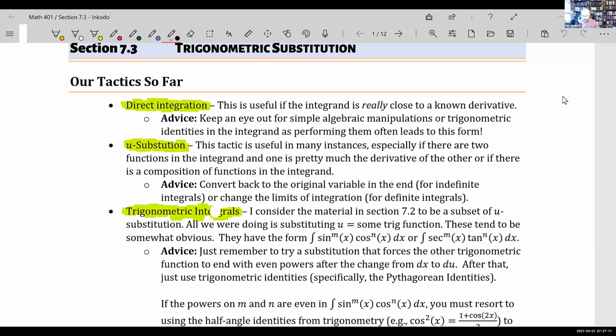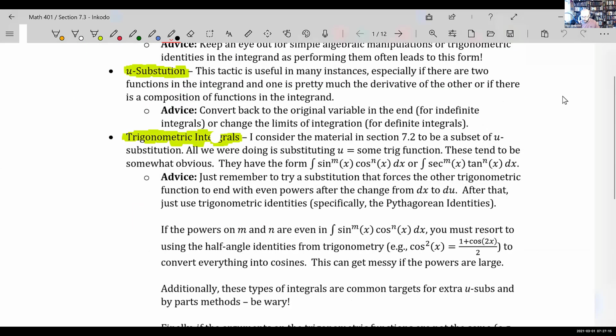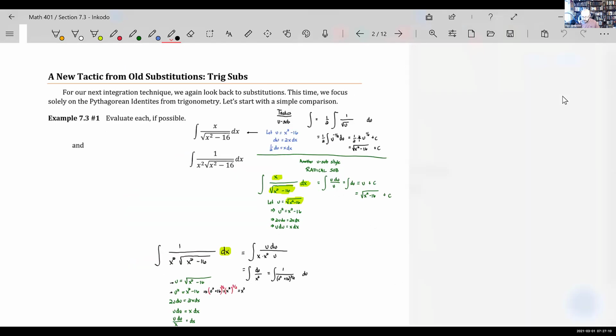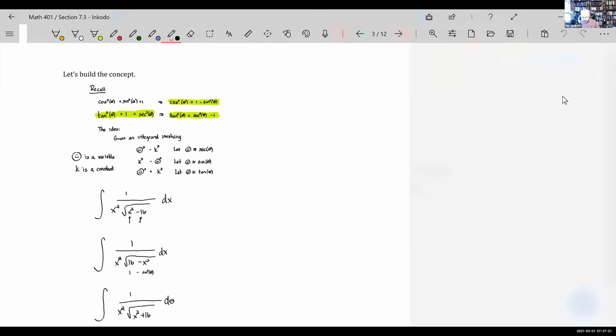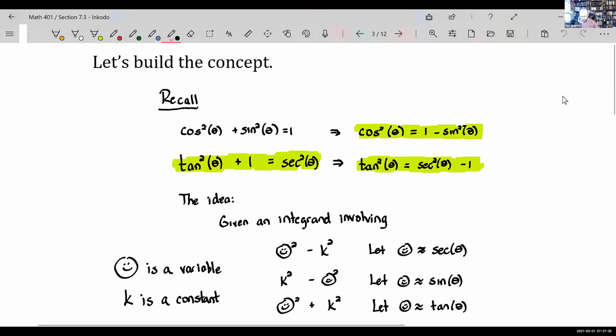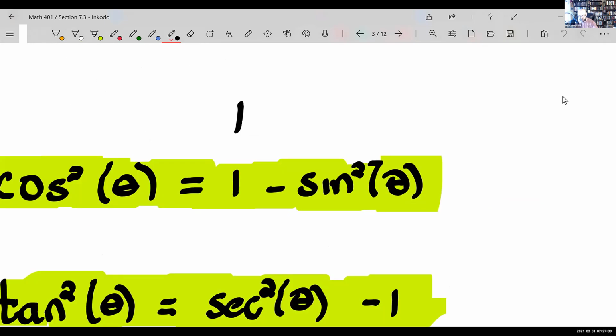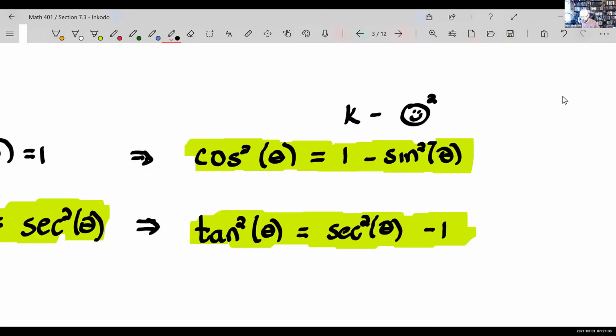Anyhow, all right. So picking up where we left off, we were in the middle of trig subs, and we had learned that when we have a sum or a difference of squares, for example, a constant minus something being squared, then we could use a sine substitution, let x equal sine, and then we can get the Pythagorean identity from there.